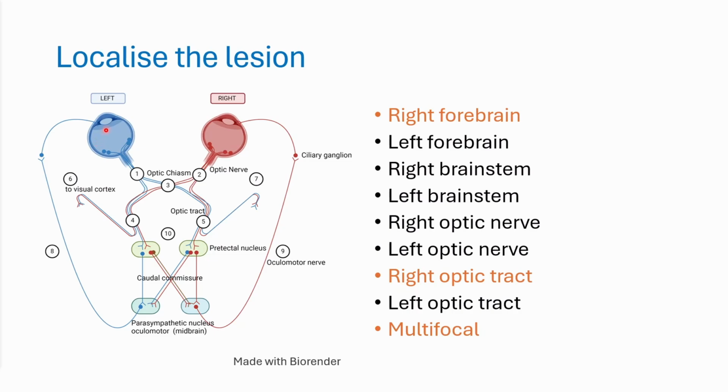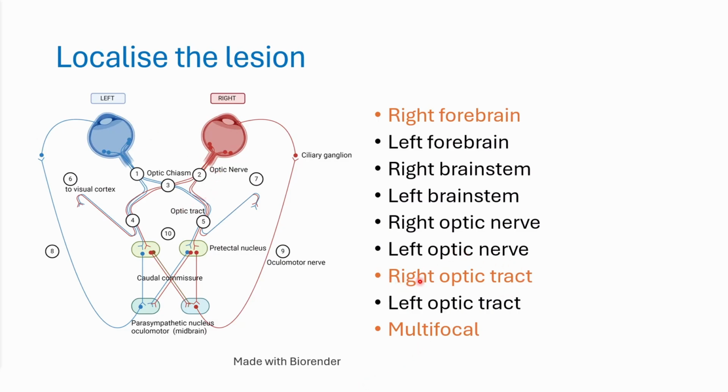So that meant there must be a lesion here, here, or here, because we know that everywhere else works. So it could be a lesion of the left optic nerve, or potentially a lesion of the right optic tract, which is much rarer.